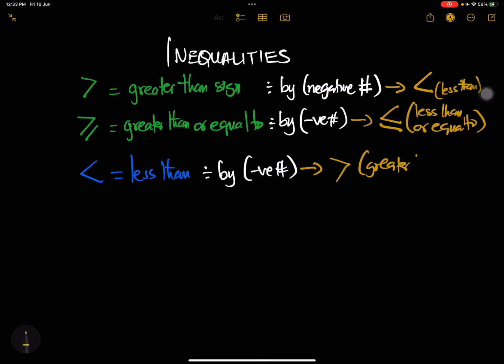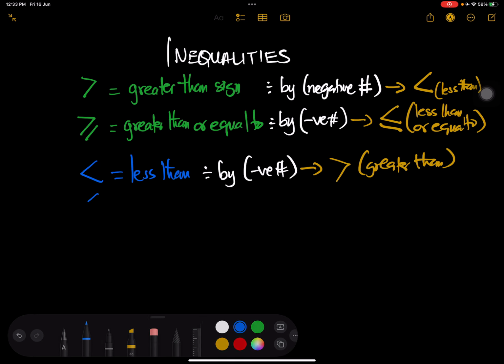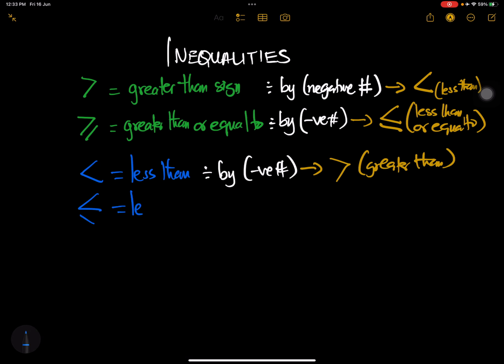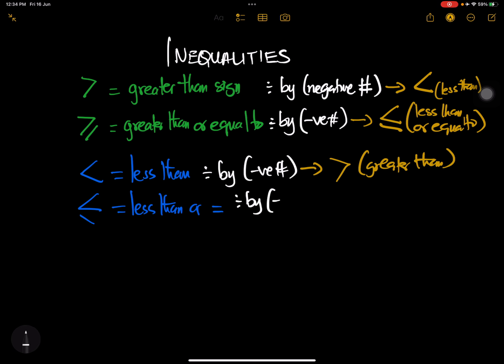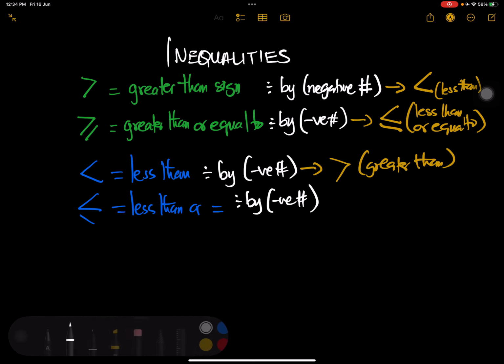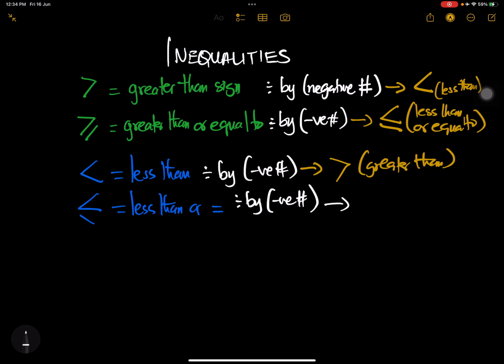Finally, if it's less than or equal to, and we divide by a negative number, the sign will change to greater than or equal to.